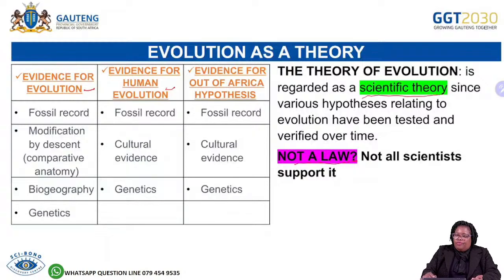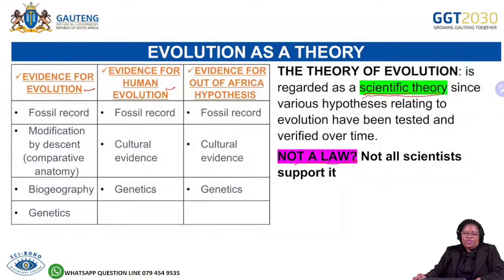So evolution theory is regarded as scientific theory because of what? Remember, all theories need to be tested. Okay? All theories need to be verified. But we cannot be saying it is law, because not all scientists agree on the theory of evolution.